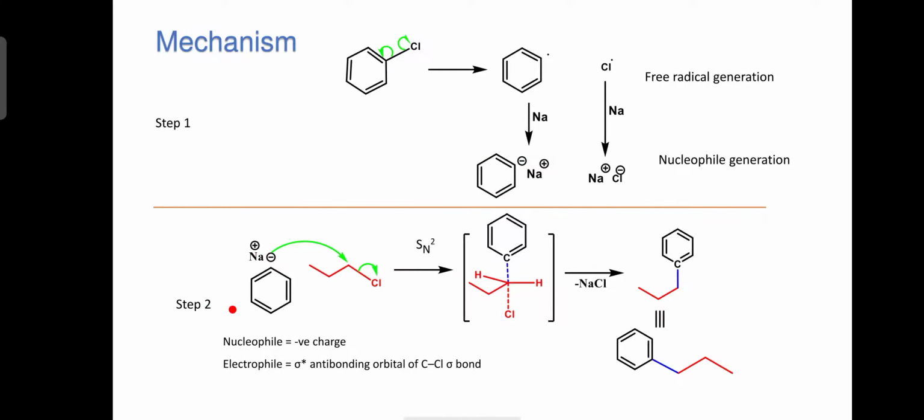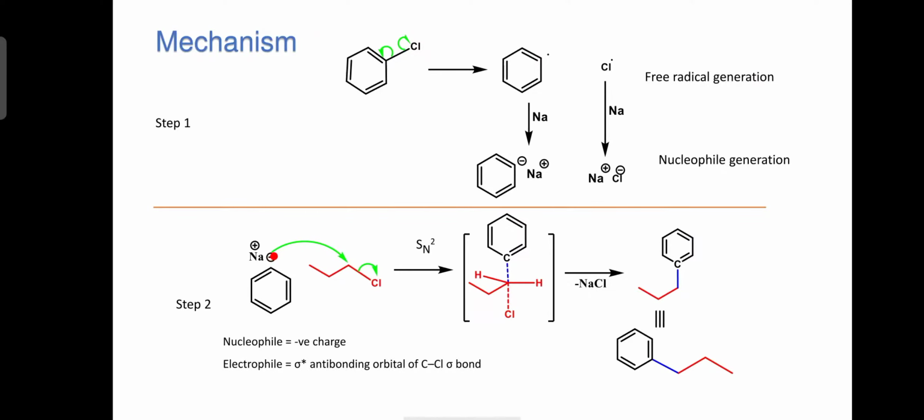In step 2 it will act as a nucleophile here, and now it will attack where. What is the electrophile here? Please try to remember, as I said in the previous slide. The electrophile is the sigma star anti-bonding orbital of this carbon chloride sigma bond.